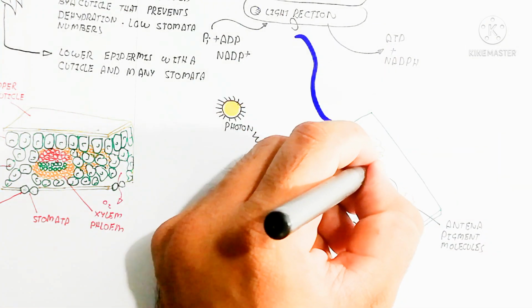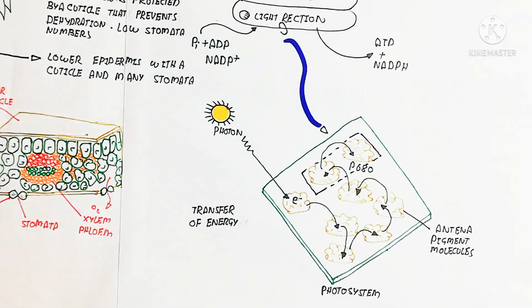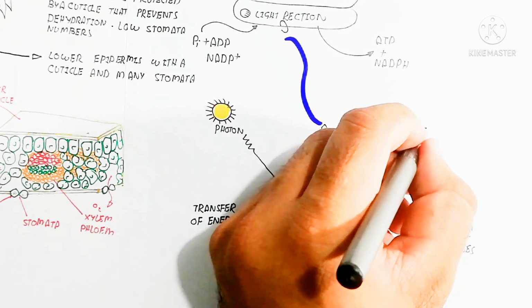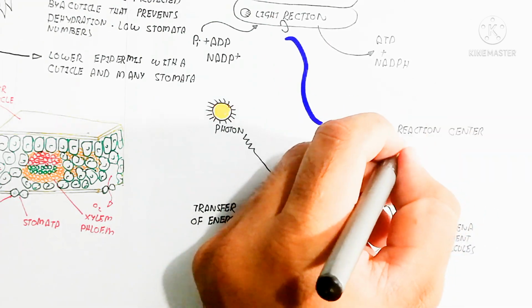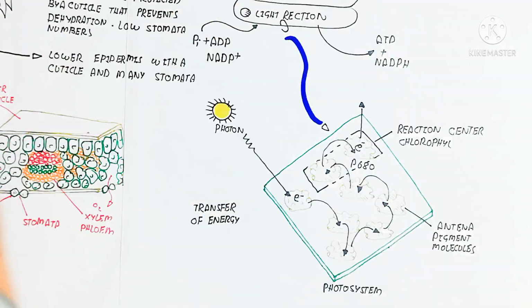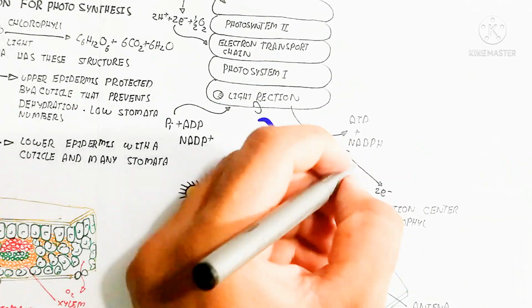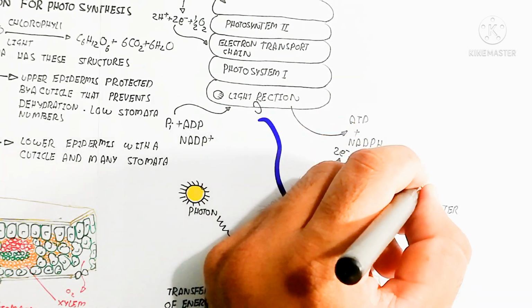Ultimately the photosystem reaches the reaction center chlorophyll, which absorbs the light. After absorbing the light, the electron is pumped outward and gains energy.